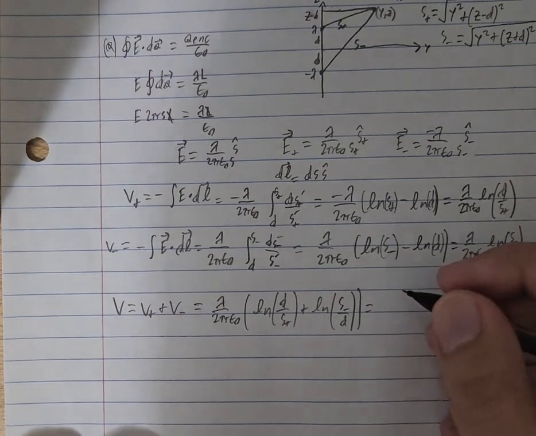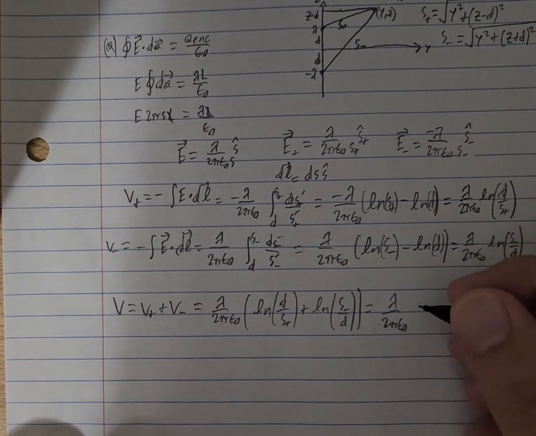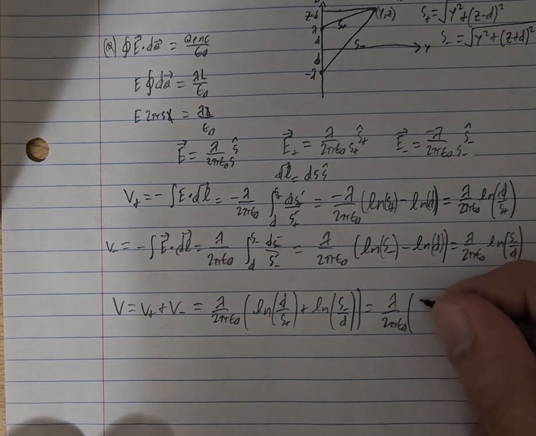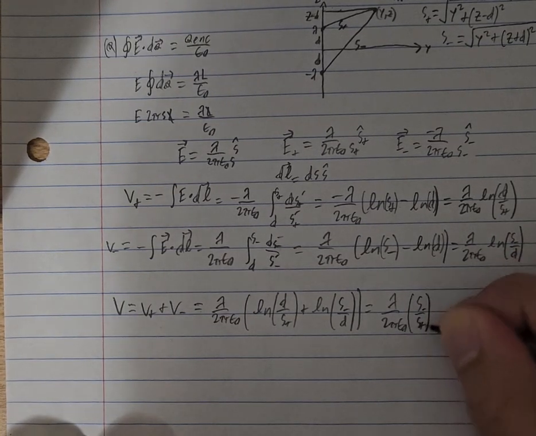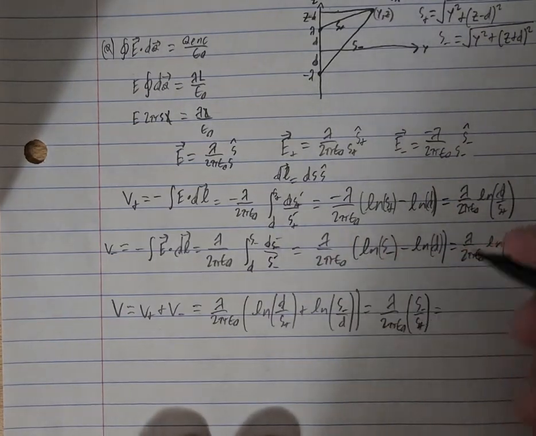And using our natural log rules, we can find that this is lambda over 2 pi epsilon naught natural log of s minus over s plus, since these d's will cancel out.